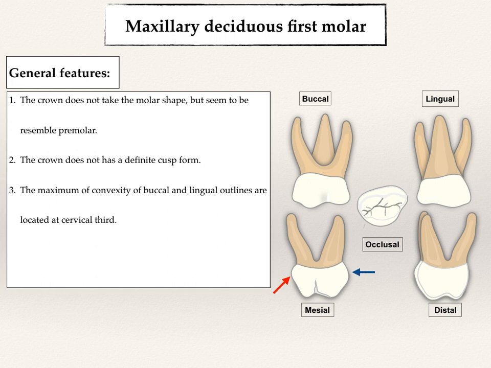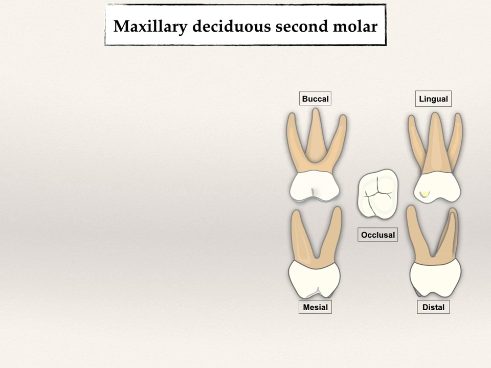All primary maxillary molars have 3 diverged roots. The lingual root is the longest. Maxillary deciduous second molar.